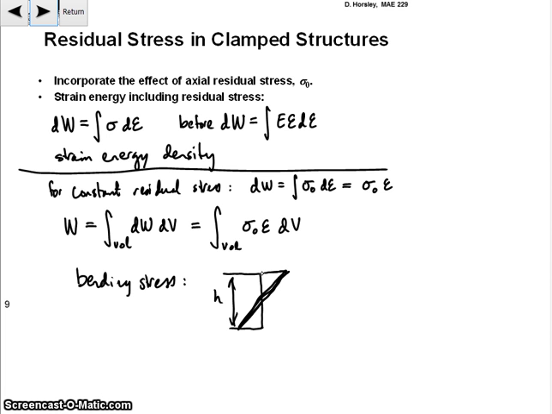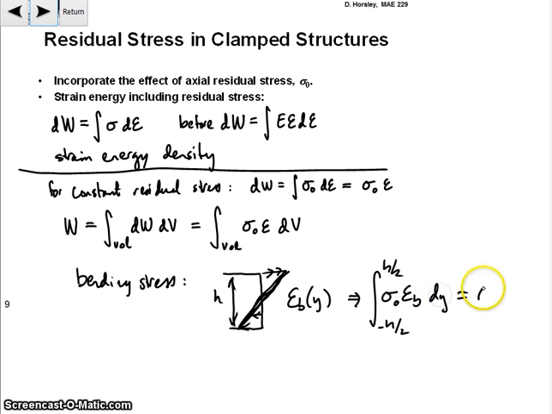Whoops, sorry, it should go straight through 0. So it's symmetric, right? It's basically positive at the top and negative at the bottom. So this is sigma B as a function of y here. So the product of sigma naught sigma B as we integrate from minus h over 2 to h over 2 dy is equal to 0, right?